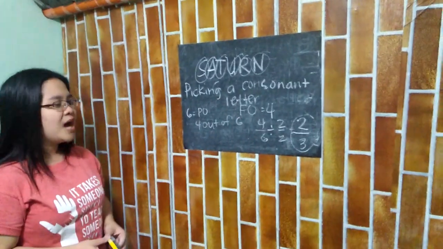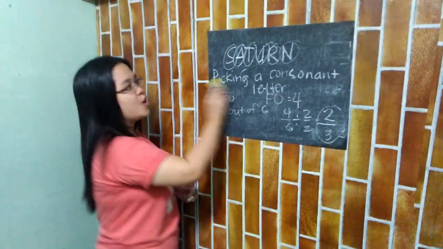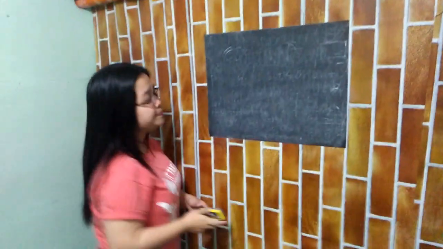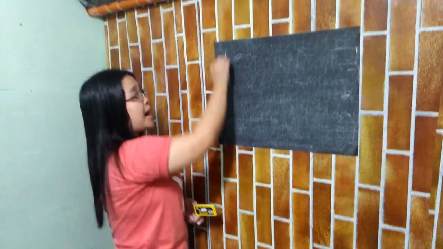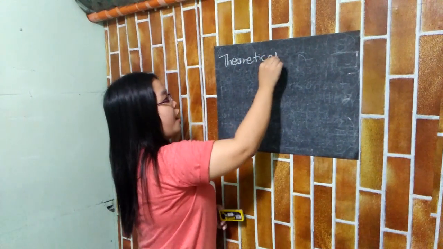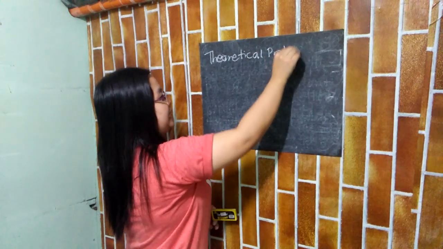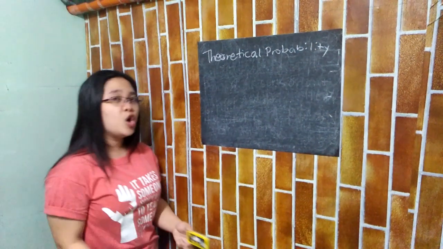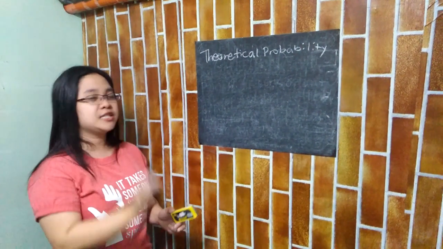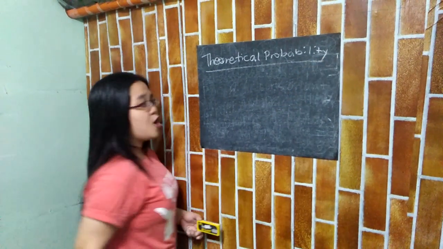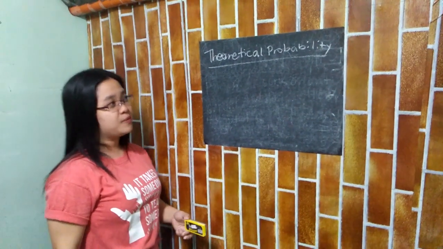Okay? So again, let's wrap up all the topics that we have for today's lesson. So we talked about theoretical probability. It is based on the premise that all events or outcomes are equally likely to happen. To make it short, how can we get the theoretical probability?